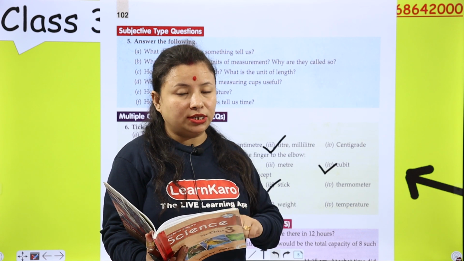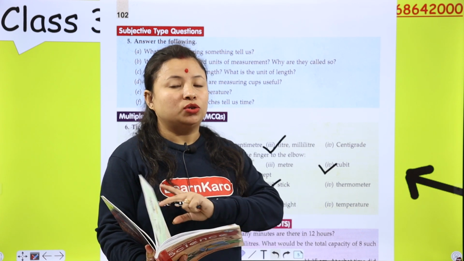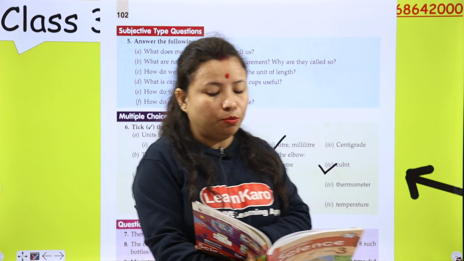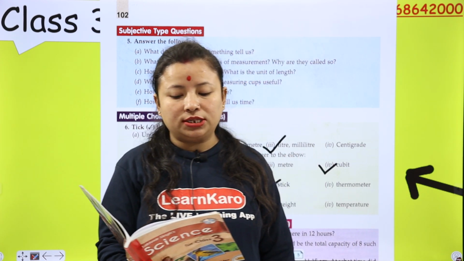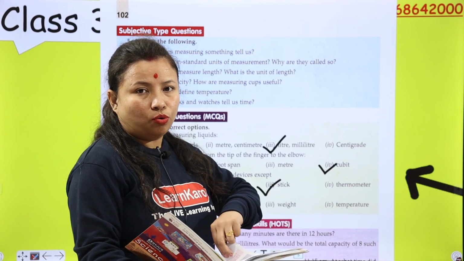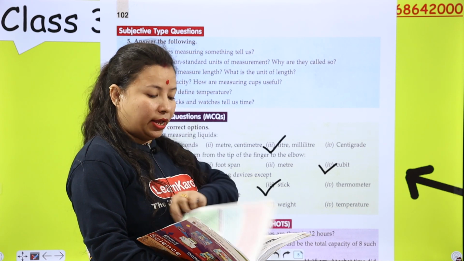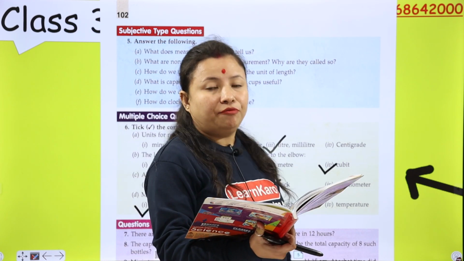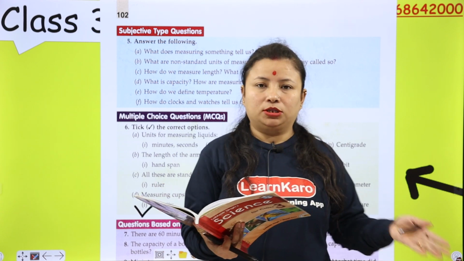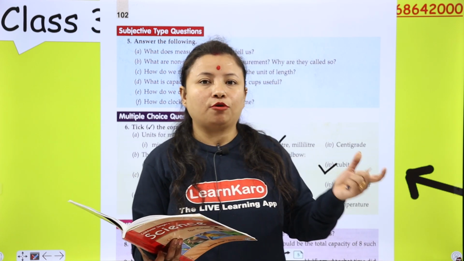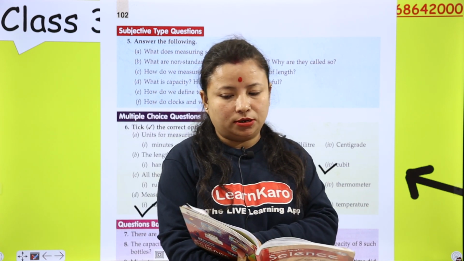Hand span, foot span and cubits are non-standard units of measurements. Why are they called so? Because these units vary from person to person.